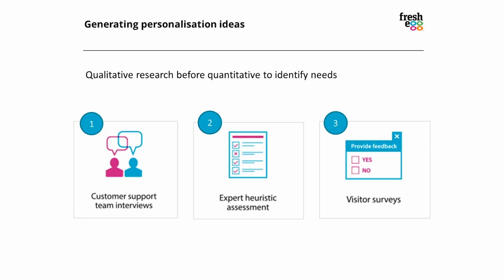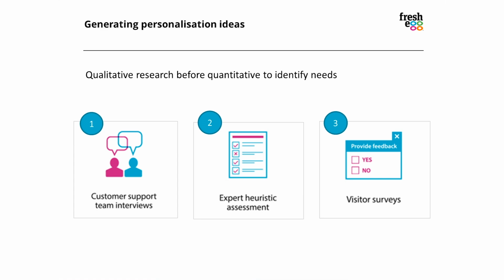So how do you go about generating personalization ideas in the first place? Well, qualitative is the place to start with this one. You really need to understand what the different audience groups you have are and what their different needs are, which you're only really going to get from qualitative research rather than quantitative.